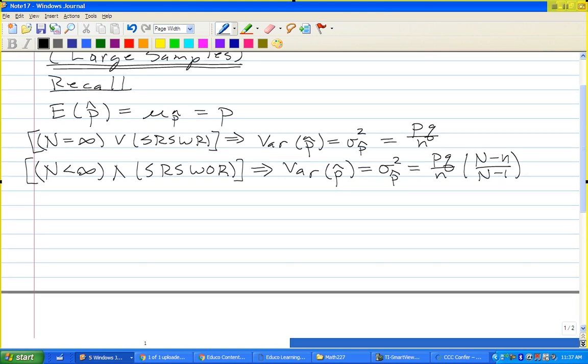The best point estimate for estimating the true population proportion is just the sample proportion.